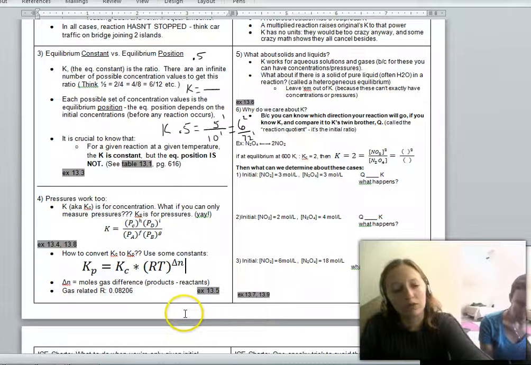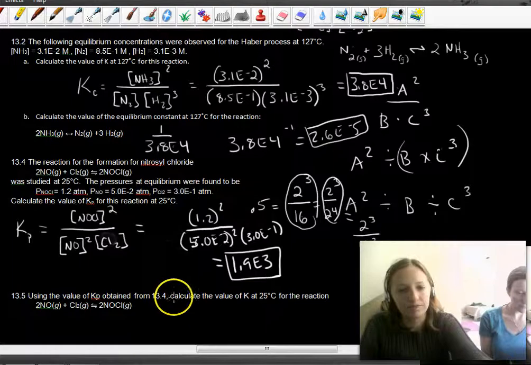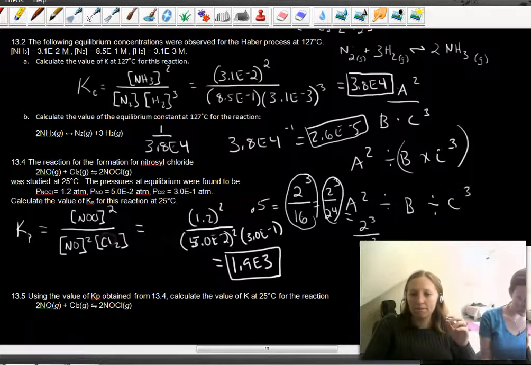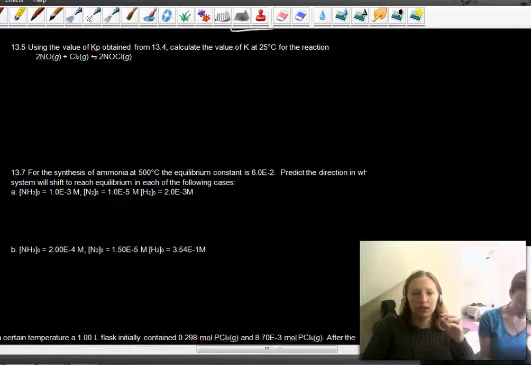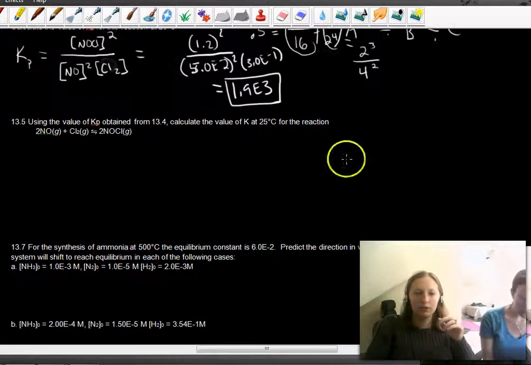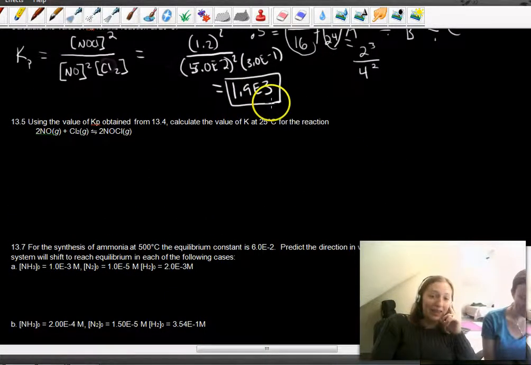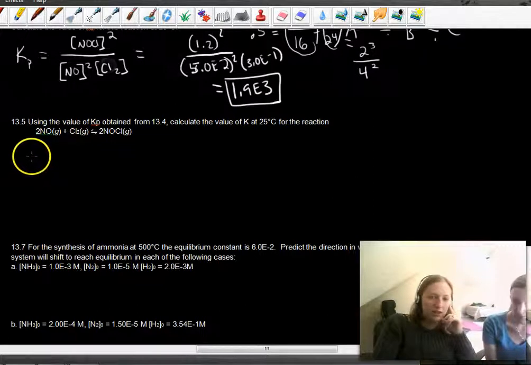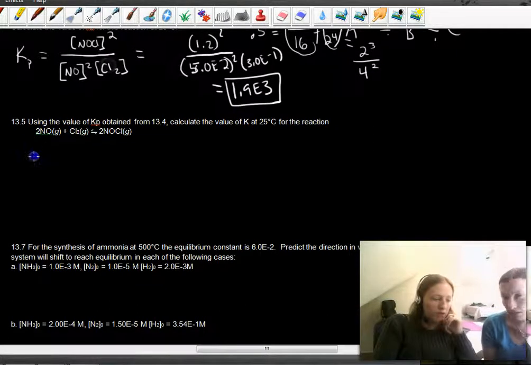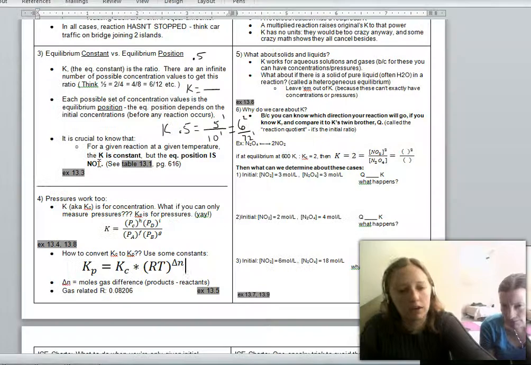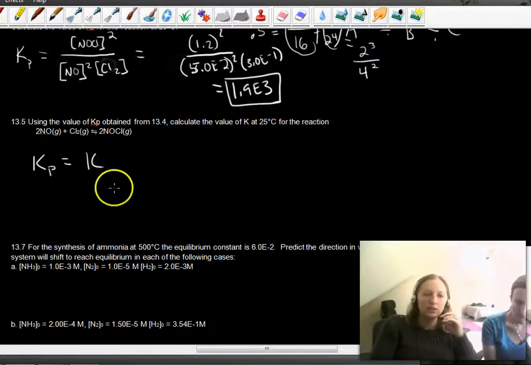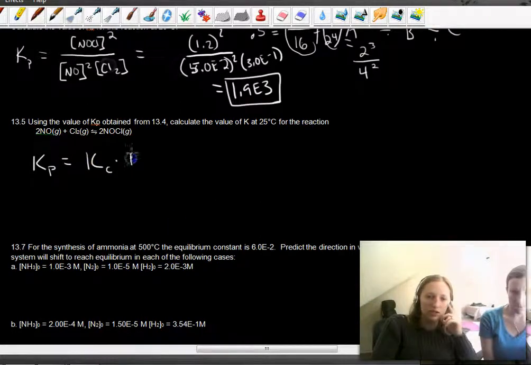So example 13.5, we can go do one of these. Using the value of Kp obtained from 13.4, calculate the value of Kc at 25 degrees Celsius for this reaction. So our Kp is 1.9 E3. So what we've got here is Kp equals Kc times (RT) to the delta n.